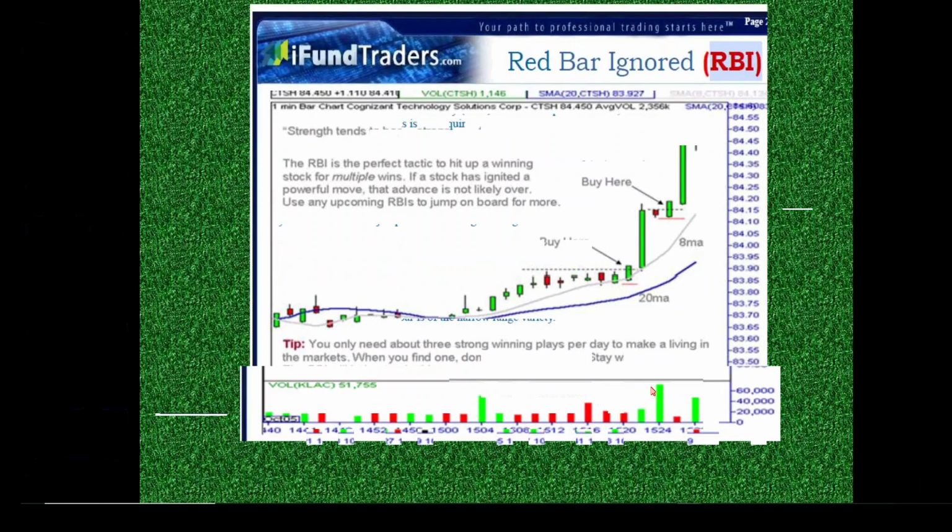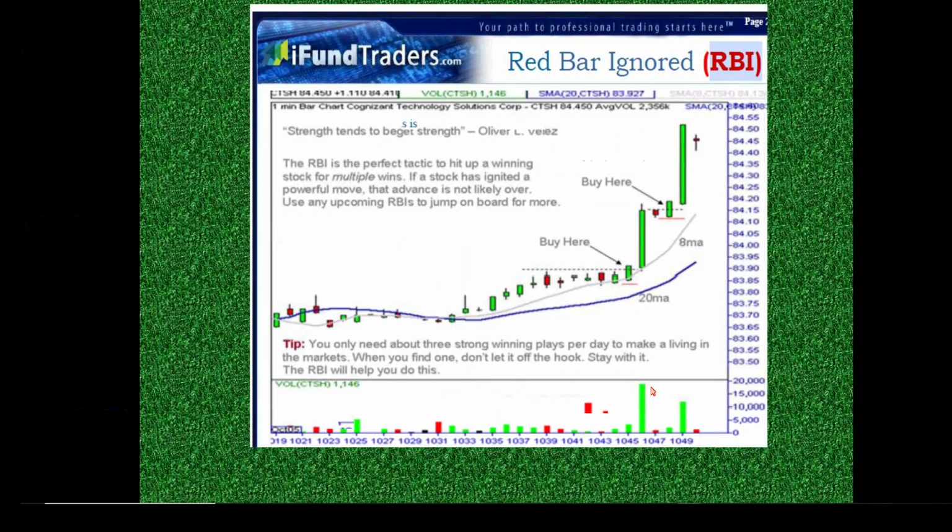Okay, here's a red bar ignore, right? So this is like a breakout. It's going sideways, it breaks out. You have a bull elephant bar, and then it pauses. It breaks a little bit, right? And then it has follow through and continues on. So this is a different look at a ribby, right?